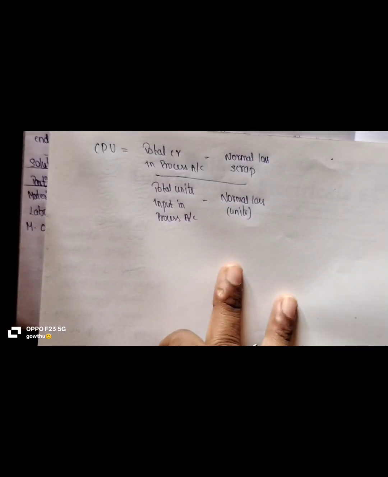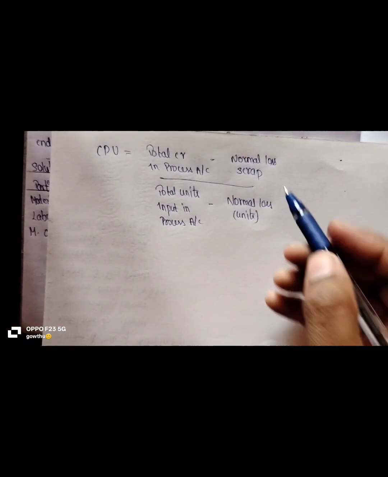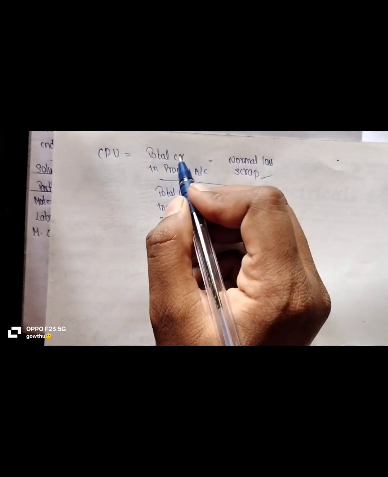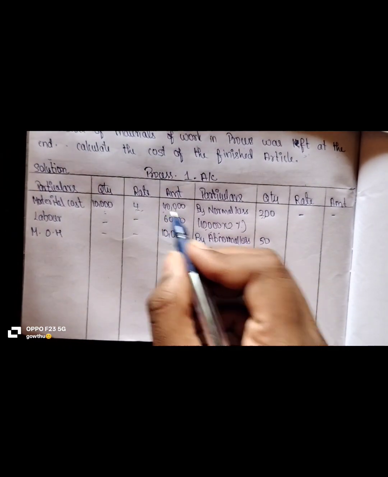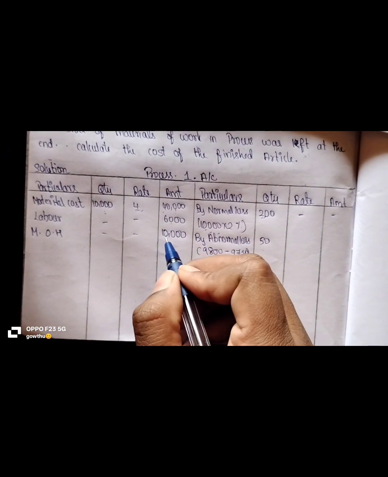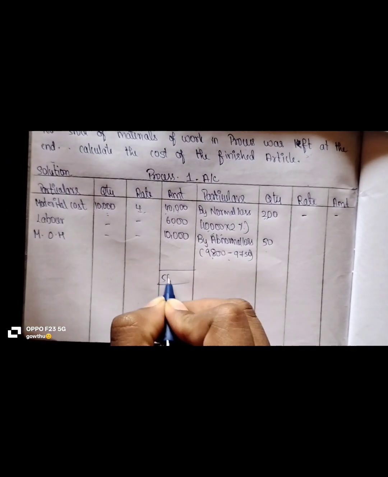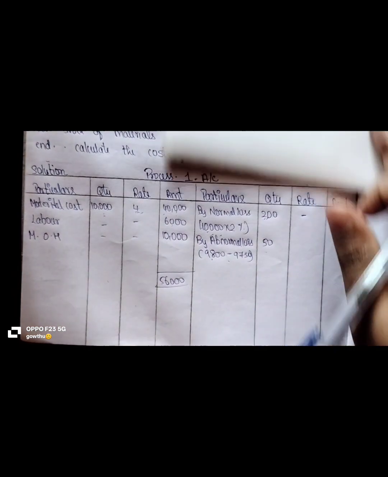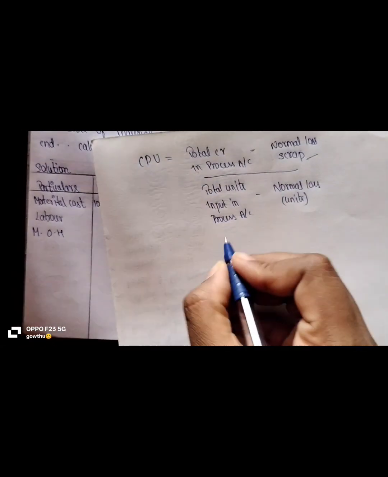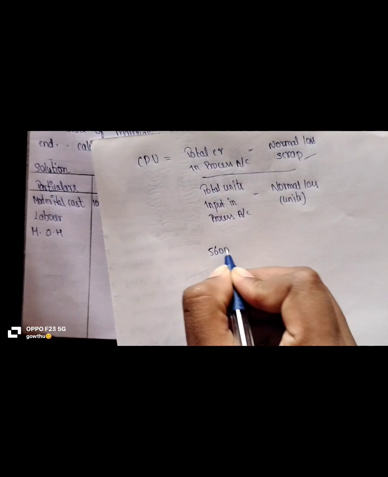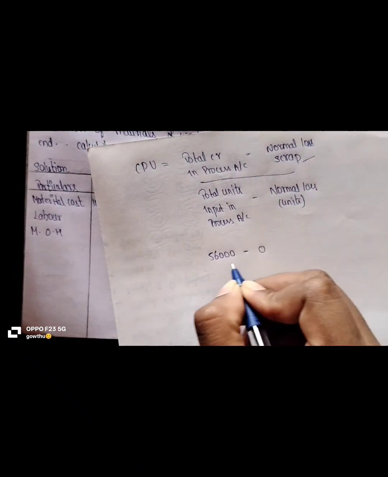Here in this question they have not given the scrap. So the total in the process account, how much is there? 40,000 plus 6,000 plus 10,000, we will get 56,000. So this 56,000 minus scrap, which is not given, so 0.